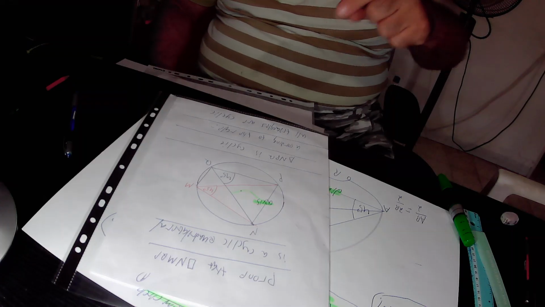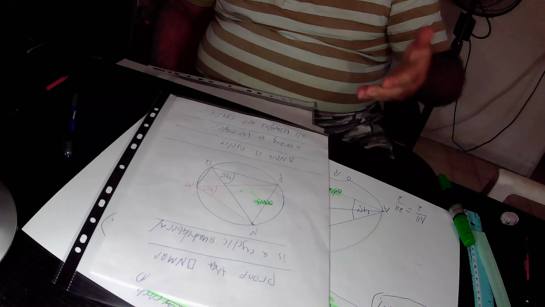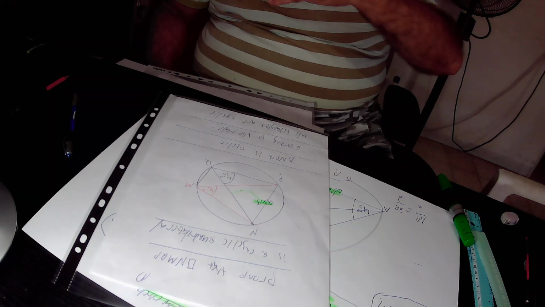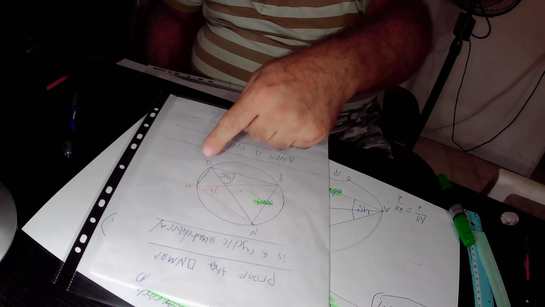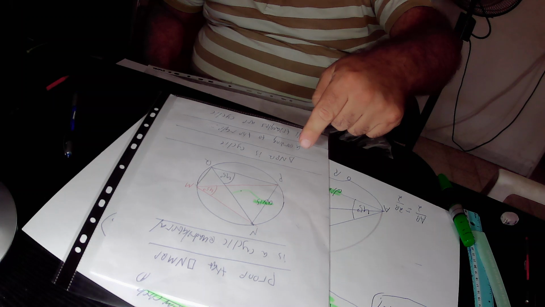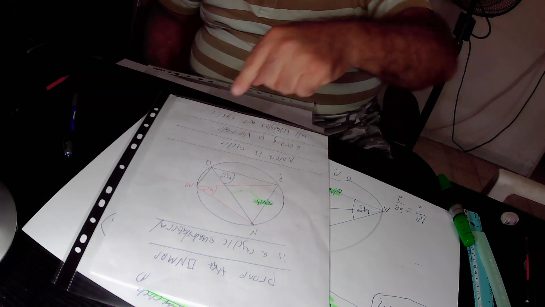So we succeeded to prove that quadrilateral NMQP is a cyclic quadrilateral. That is to say, it can be inscribed by a circle, or it can be blocked by a circle, because this circle blocks quadrilateral NMQP.